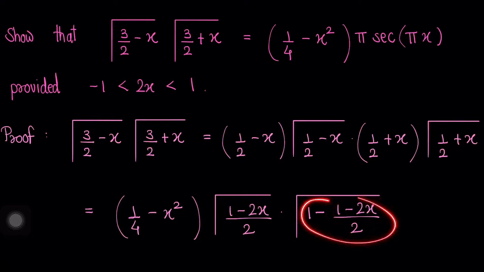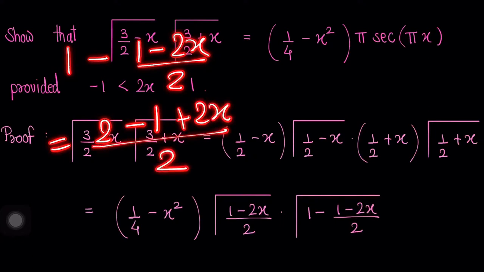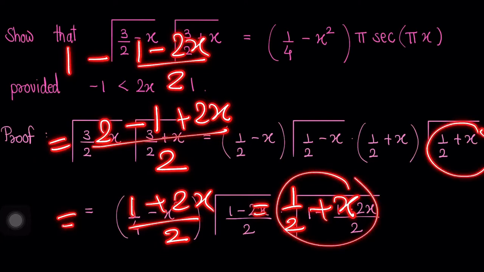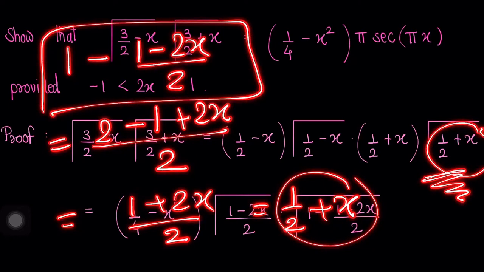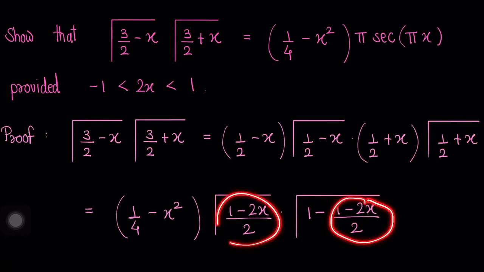If we solve this, 1 minus 2x upon 2, we will have 2 minus 1 plus 2x upon 2, and this is 1 plus 2x upon 2, that is 1 by 2 plus x. This is same as this one. So I can simply write this gamma of (1 by 2 plus x) as gamma of (1 minus 2x upon 2).